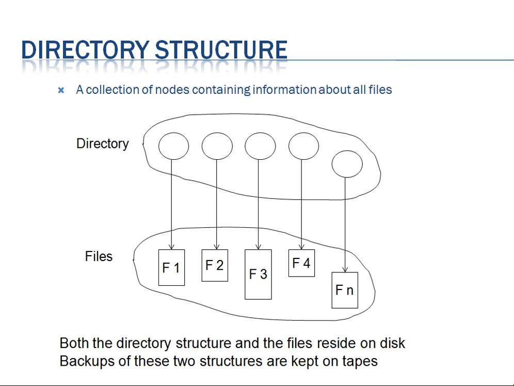As there is a limitation of RAM size, that is random access memory, the directory structure, which helps you get the information about the files, is kept on the disk, as well as the actual files. Backups of these two structures are kept on magnetic tapes.